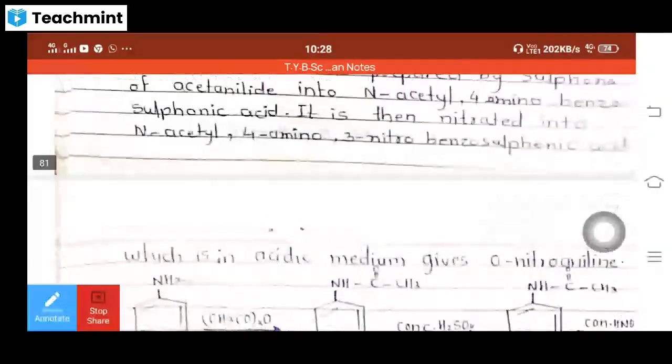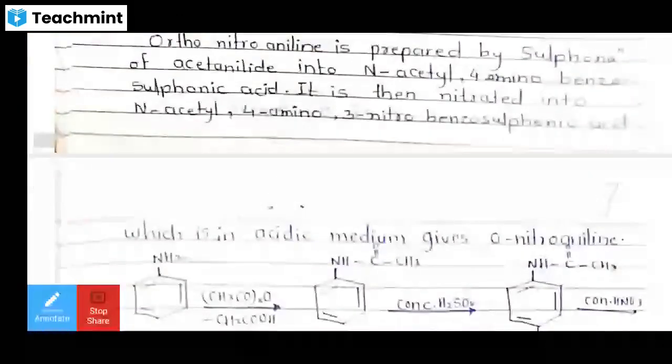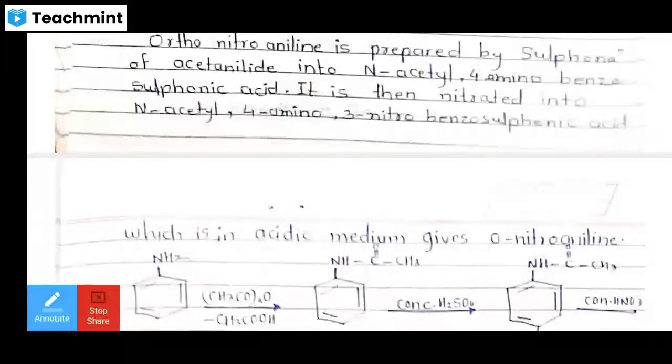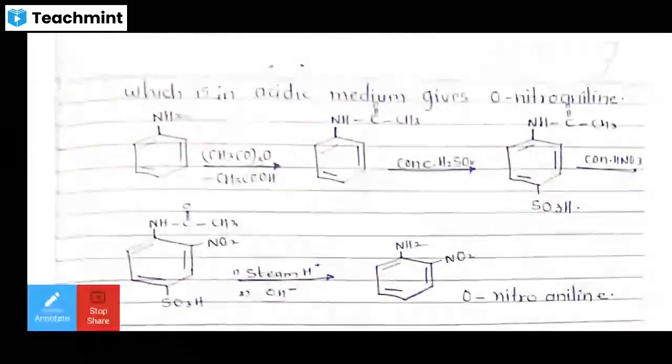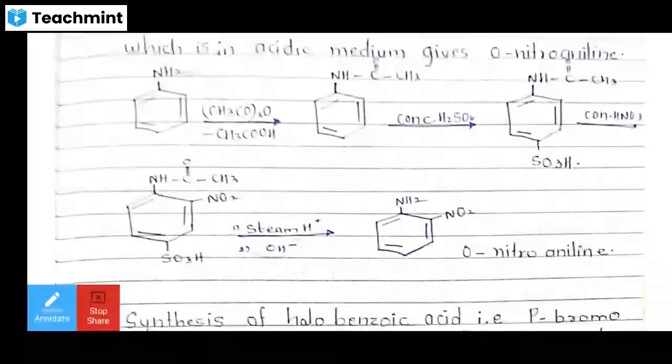Ortho nitroaniline is prepared by sulfonation of acetanilide into 4-amino benzene sulfonic acid. It is then nitrated into N-acetyl 4-amino 3-nitro benzenesulfonic acid, which in acidic medium gives ortho nitroaniline as the product. So here a number of steps are performed. First the protection, that is, the acid we use, then we will use concentrated H2SO4 for the sulfonation.